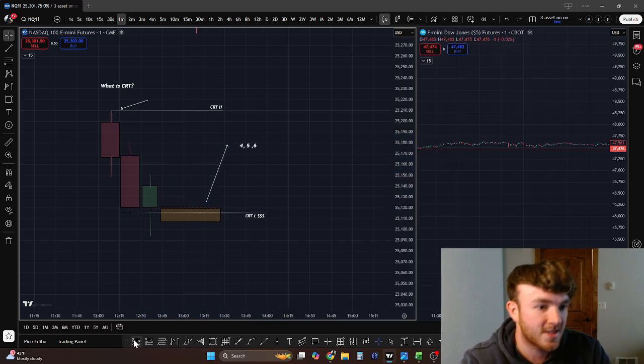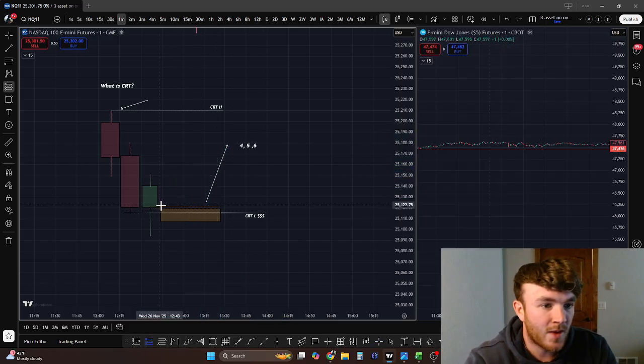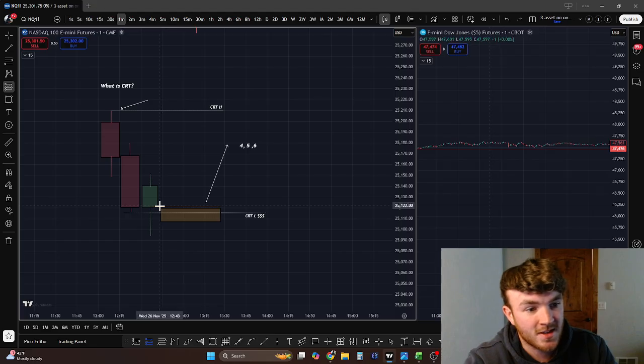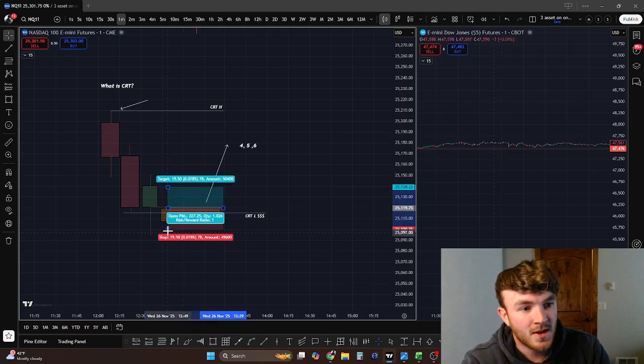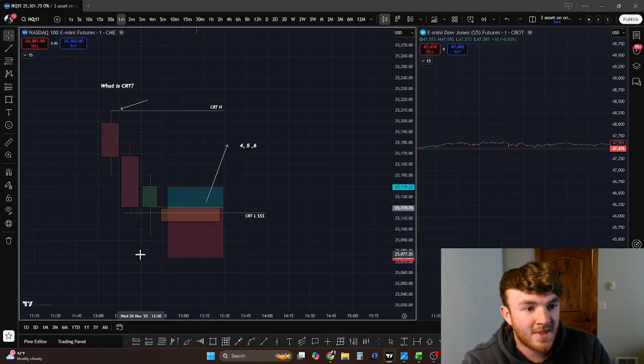So the way you would take this, in this case if these were 15-minute candles, is right as soon as 12:45 opens and these three candles have all formed, you're now looking to enter at that closing or at the opening price.